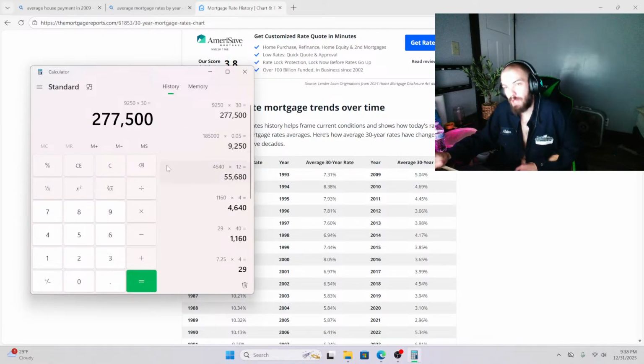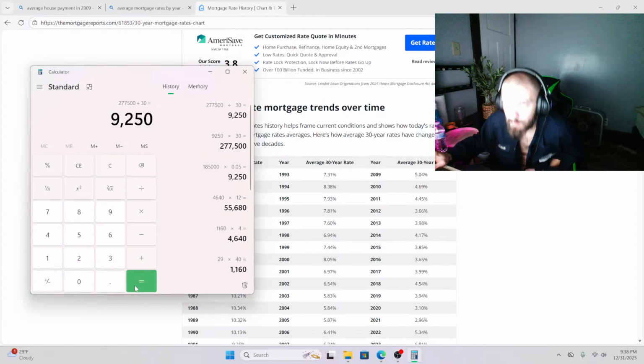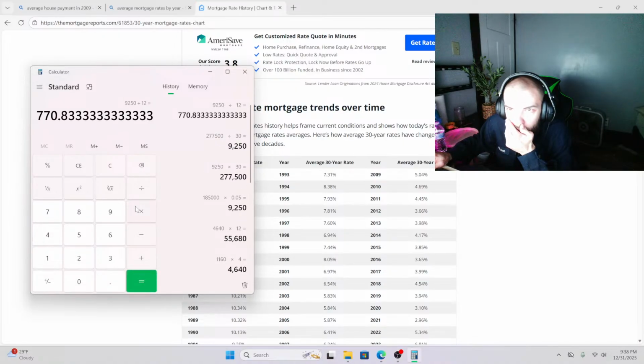That's what you're going to pay. So divide that by 30. Am I doing this wrong? Am I dumb? Divide that by 12. 770 on that. Somewhere around the mark.